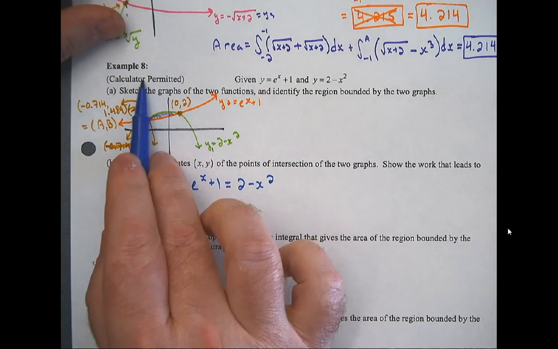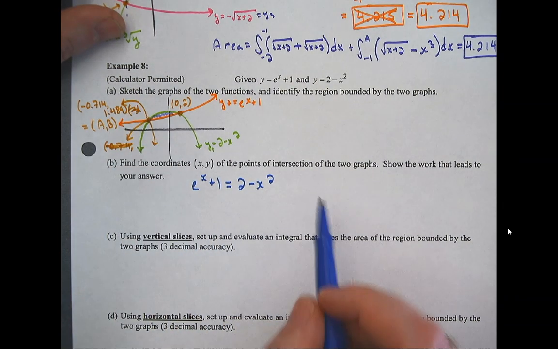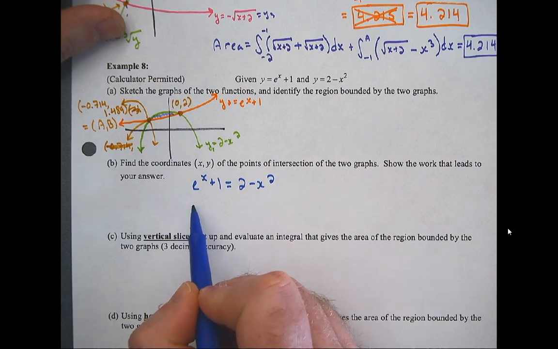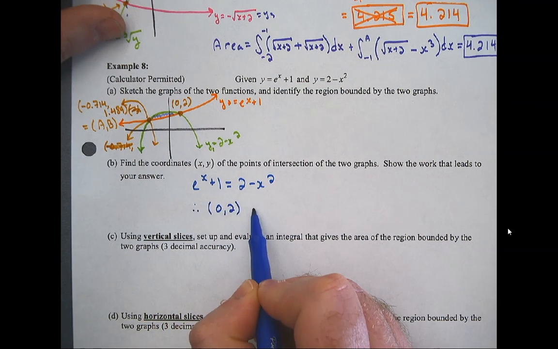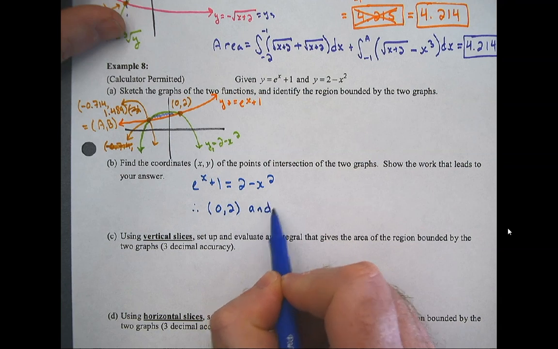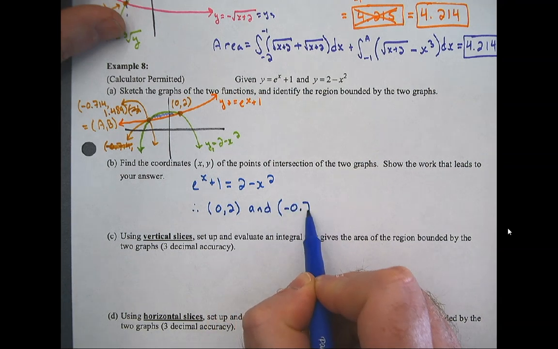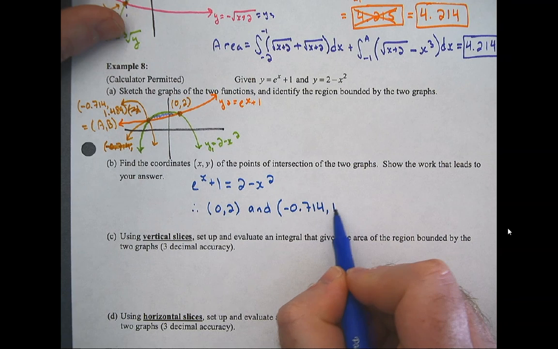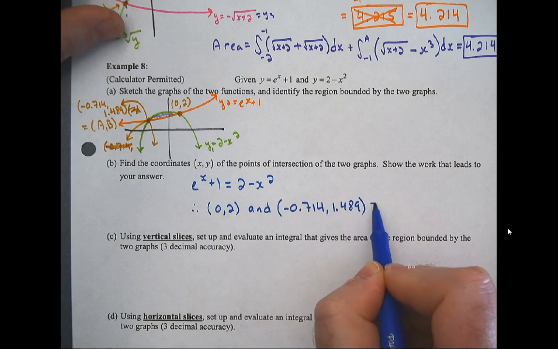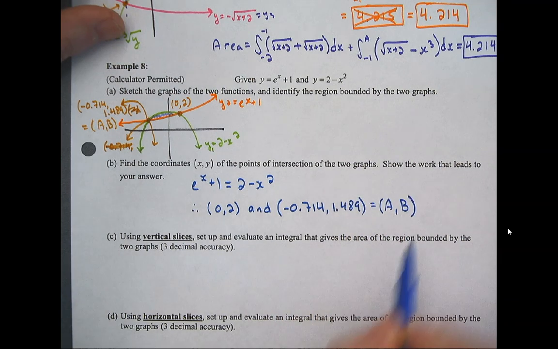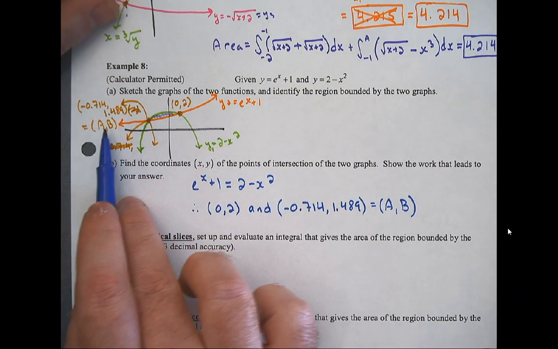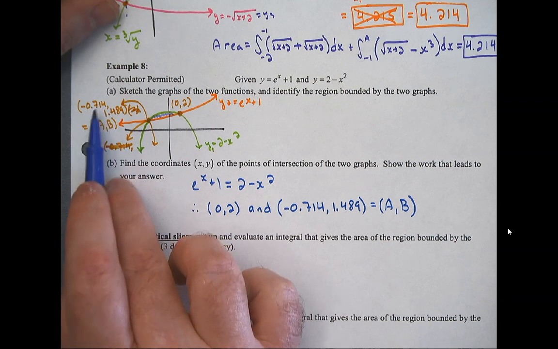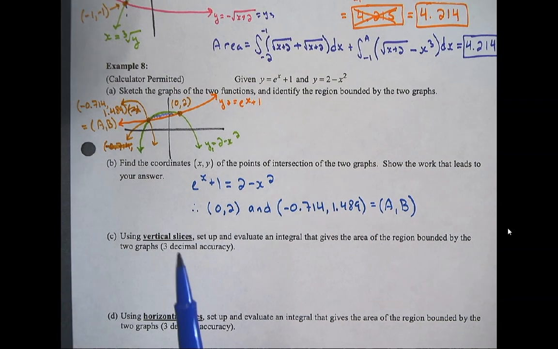Now, if this was not a calculator problem, you'd have to keep going from here. But since this is a calculator problem, we can find our points of intersection as 0, 2, and negative 0.714, comma 1.489, which we already called A and B. Now, I think you could have just written A, B here because we defined it up there, but because I did such a crummy job of writing that, I would recommend writing that again so it's very clear to your grader how that works.